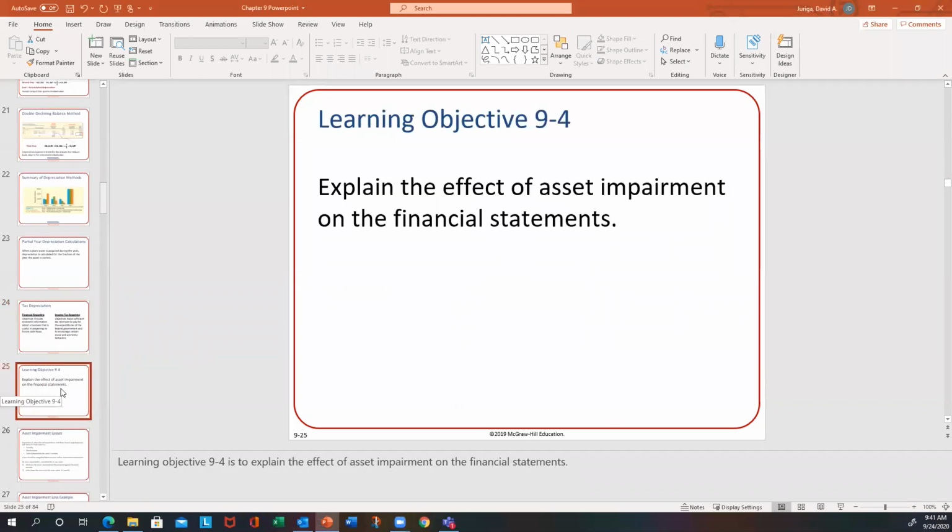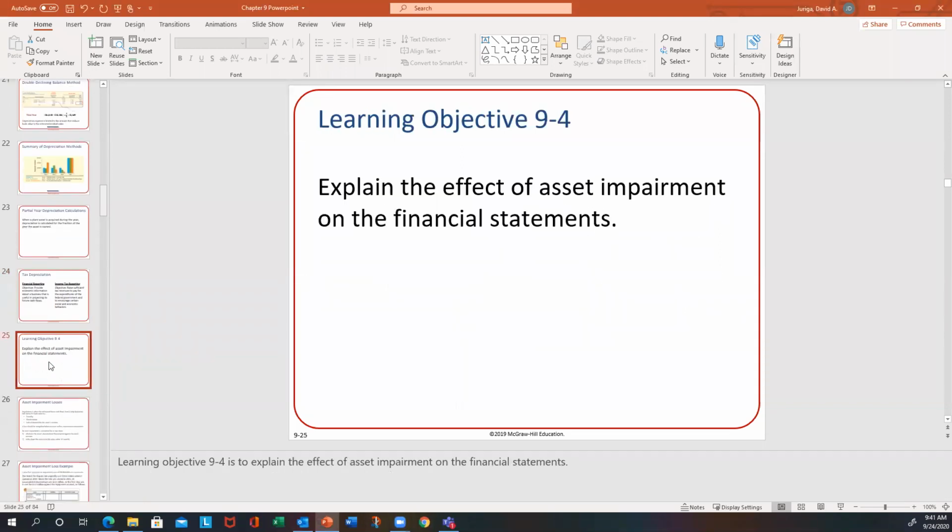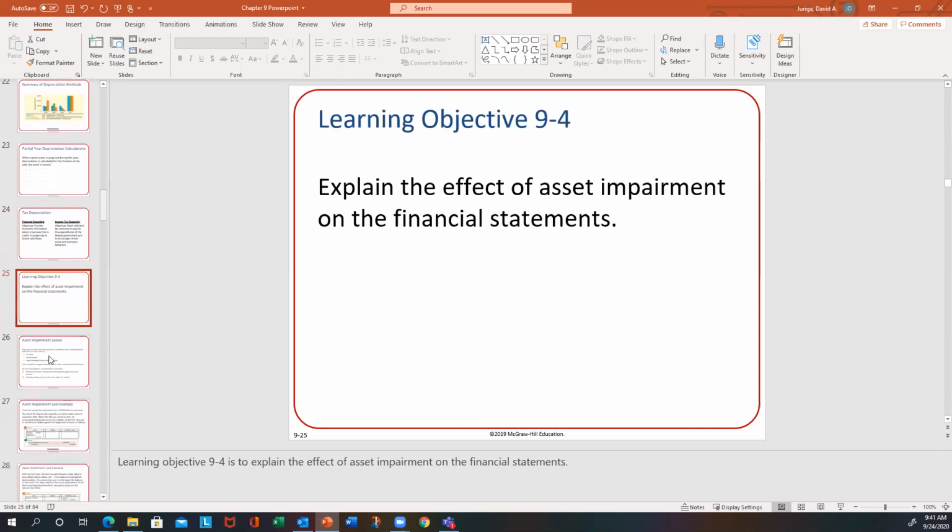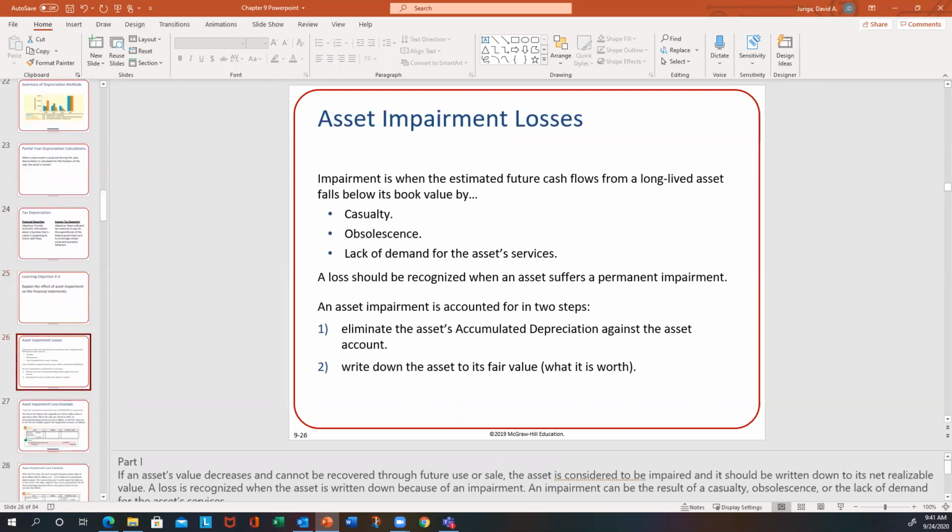All right, other issues that could come up, again, this is still dealing with the tangible assets, is you could have asset impairment. And asset impairment is looking at what they call the estimated cash flows generated from those long-lived assets. And sometimes this impairment is when these future cash flows fall below their book value.